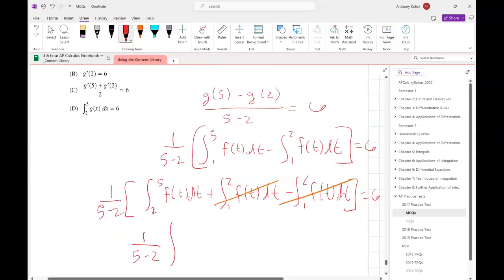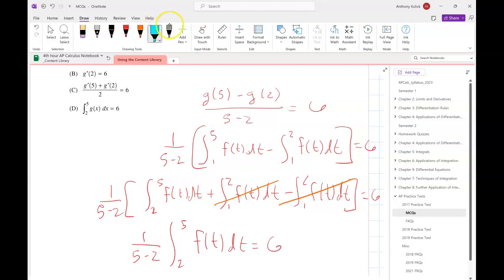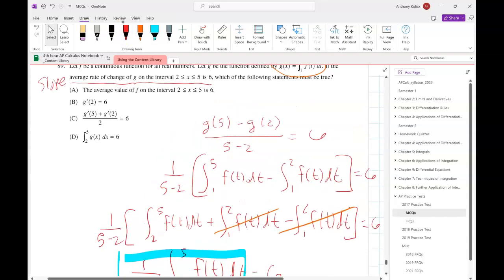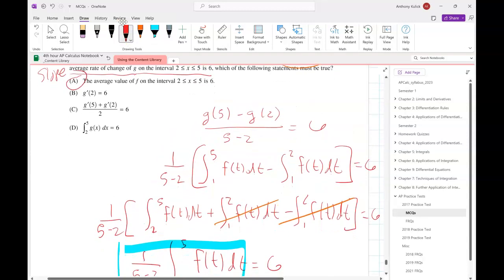And you recognize what this means: the average value of f on the interval from 2 to 5. That is exactly what that means. That's just the definition of the average value of a function.